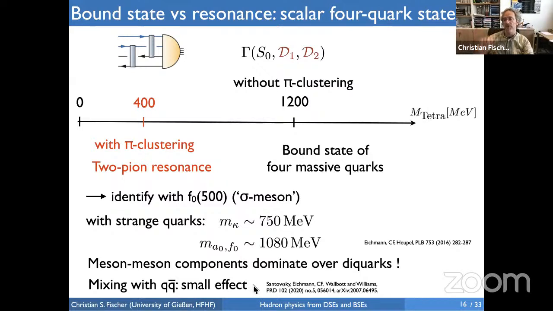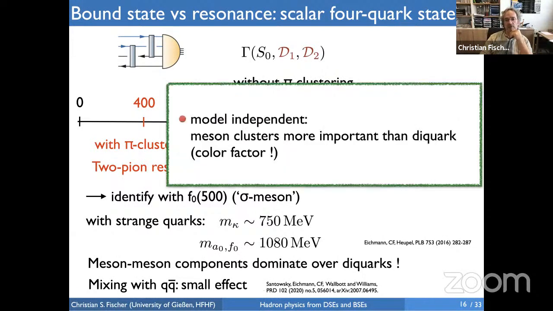Shifts of a dozen MeV probably, but not affecting the result on a global level. Okay, so that is very satisfying, and it's actually a model-independent result. These meson clusters will always be more important than the diquark, simply because the QCD interaction in these meson channels is a factor of 2 larger, this is a color factor, than in the diquark channels.